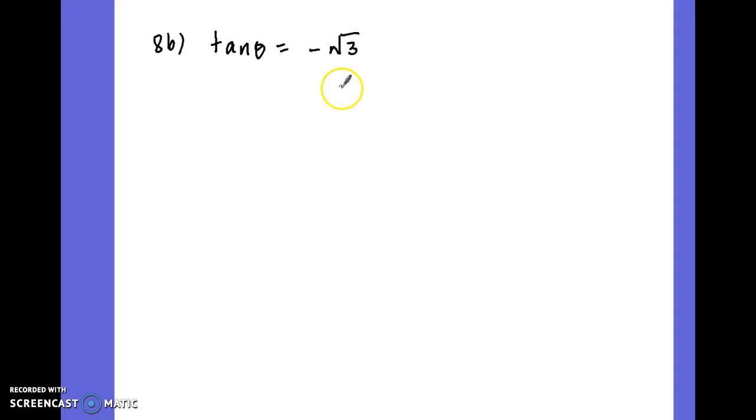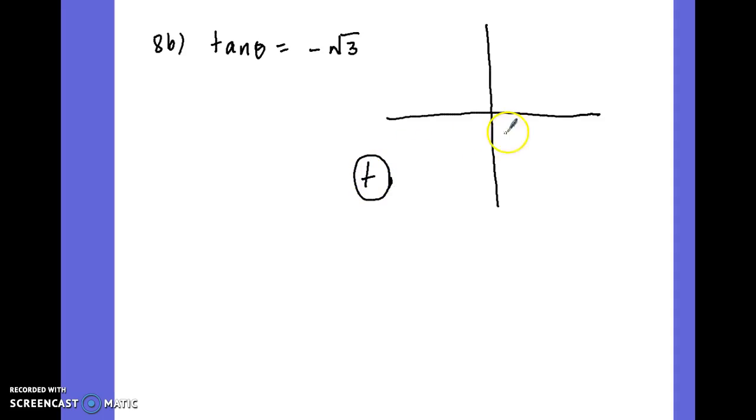negative root 3. Again, tan is going to be negative in a couple places here. Tan is positive here, where "All Students Take Calculus," so that's where tan is positive. All of them are positive over here, so tan will be negative either here or here.